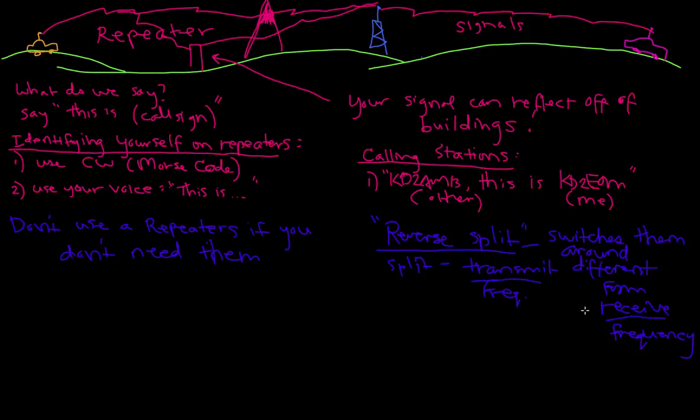So, for instance, say that two pickup trucks are talking to each other, but the other pickup truck is actually closer to you than the repeater is. You can't quite hear the repeater signal coming back to you, but if you listen on the repeater's input frequency, which is the frequency you're transmitting on to connect to the repeater, you can hear the other pickup truck.